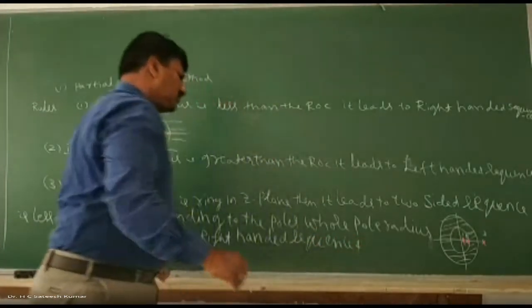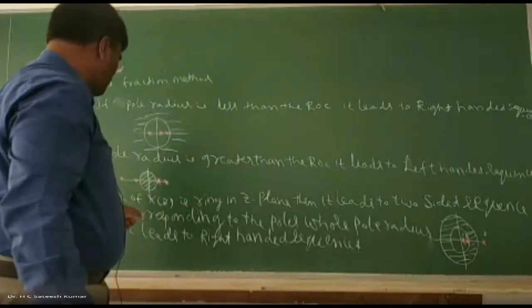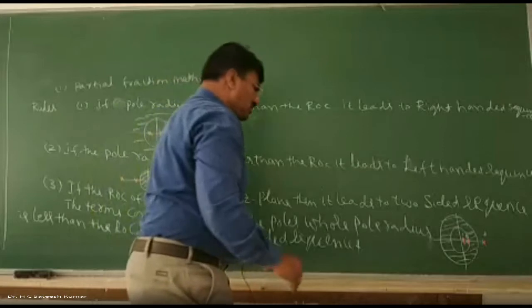And the terms corresponding to the poles whose pole radius is less than the ROC leads to what? Right-handed sequence.